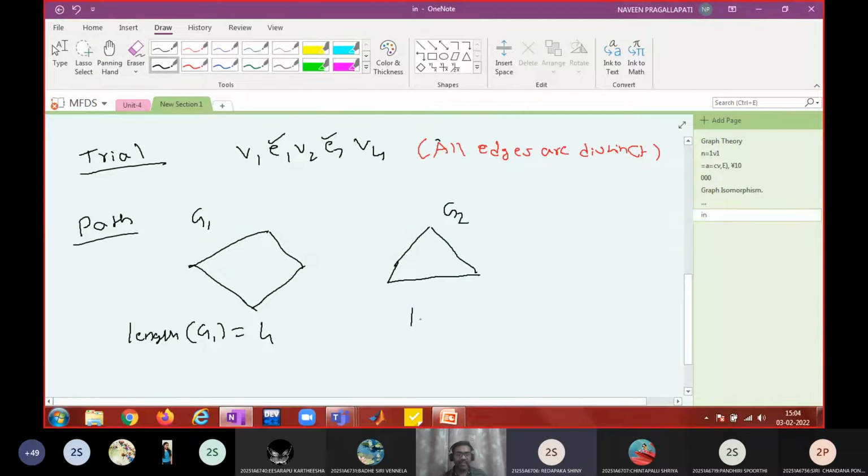What is the length of G2? 3. 3 is odd, therefore this is called an odd cycle. And 4 is even, therefore this is called an even cycle. Is it okay?